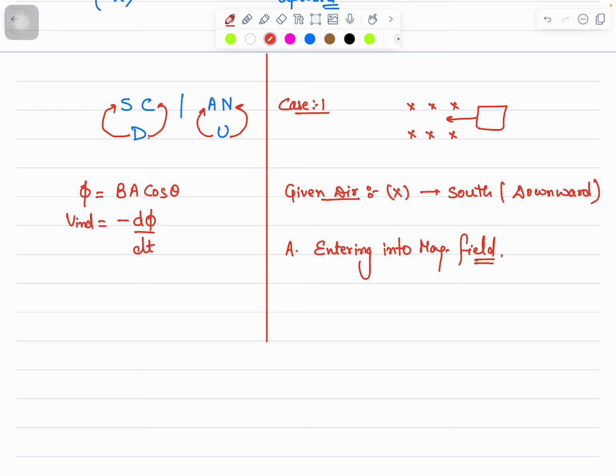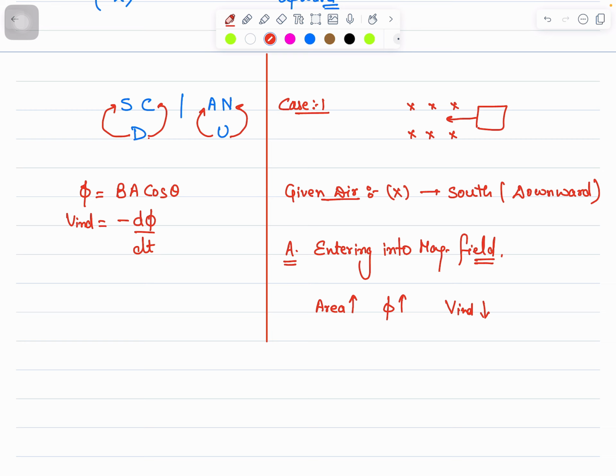It is going to enter. So if it is entering, just think and tell me what is happening. Can I say the area is increasing? Yes or no? So can I say the flux is increasing? Yes or no? It means V induced is opposing the change. If the flux is increasing, what result do we get?